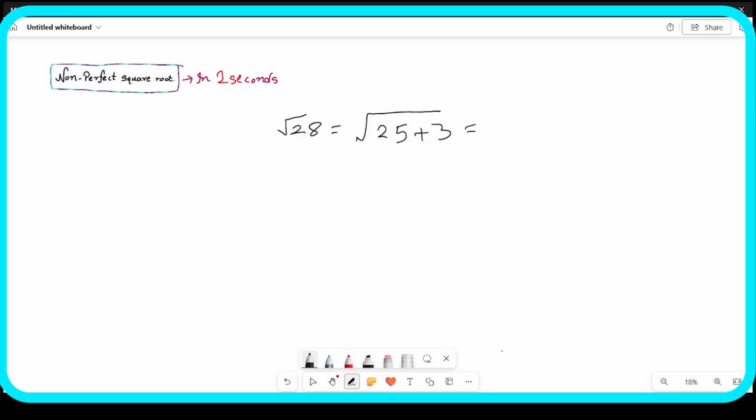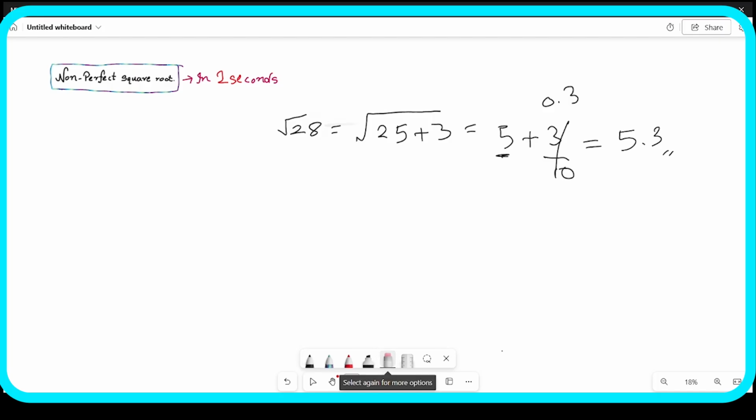So 25 is a perfect square, so square root of 25 is 5. The same sign is plus, and how much is it more? 3 more. So 3 divided by 5 double, which is 10. So divided by 10, that will be 0.3. That is, the answer is 5.3.